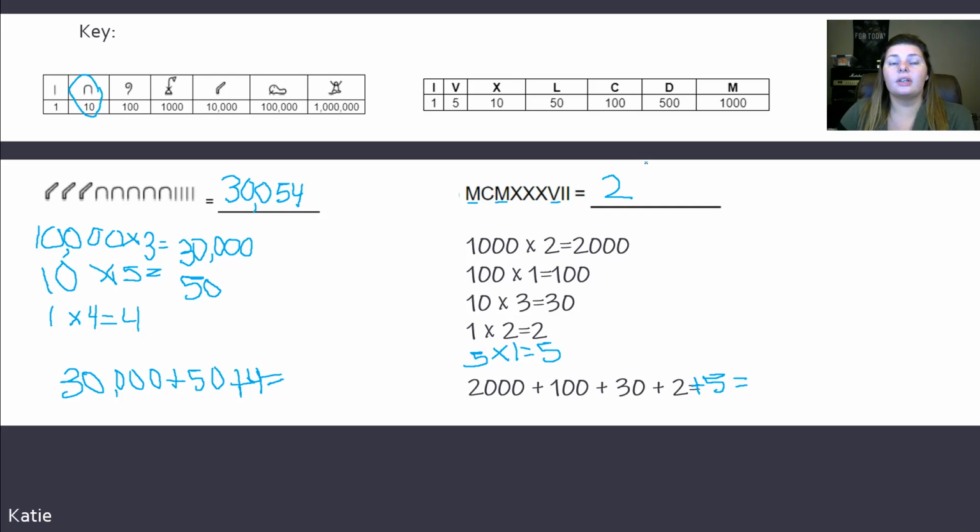So all we do is we take the symbols, find their values, multiply them times however many there are, and then we take whatever those products are and add them together to find the sum of all of the values.